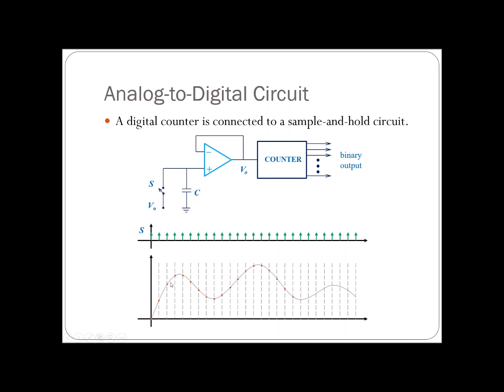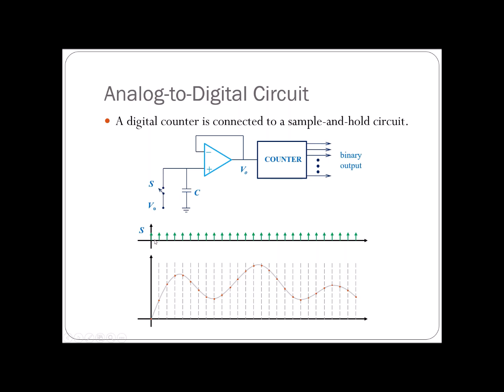So these are the voltages that are passed through these op amps once I regulate the switch following this pattern. Okay, and then now what? What will happen to the output voltage V naught?